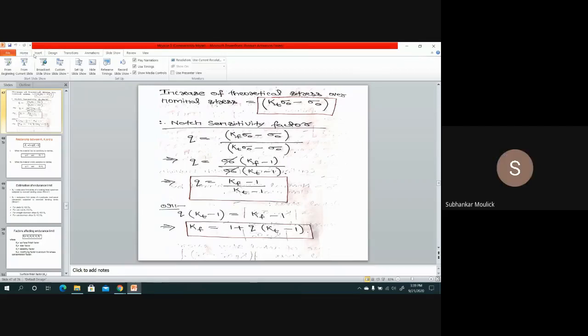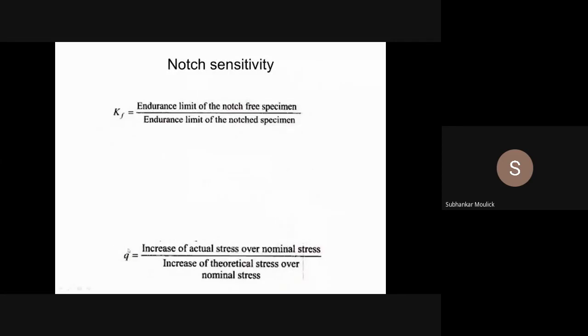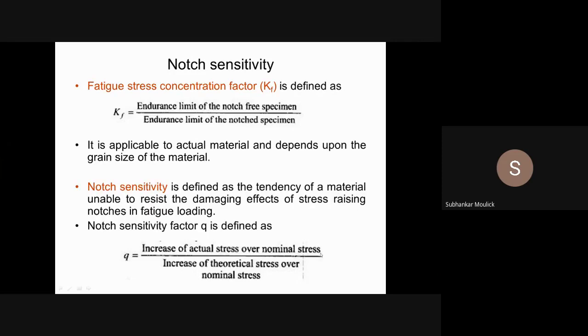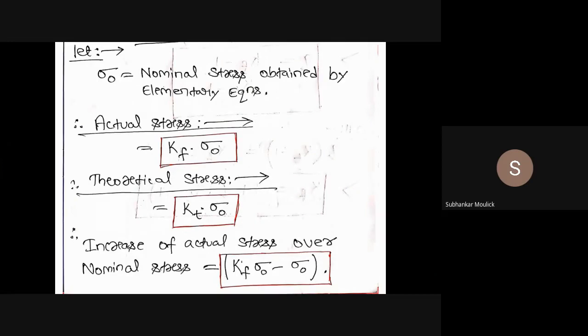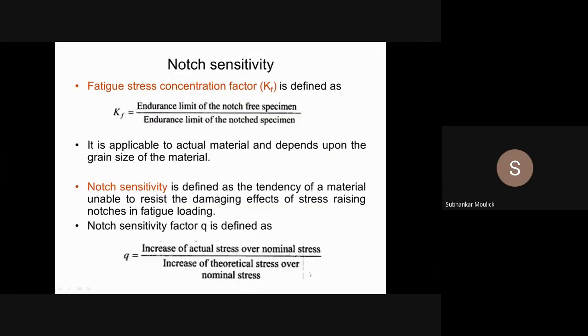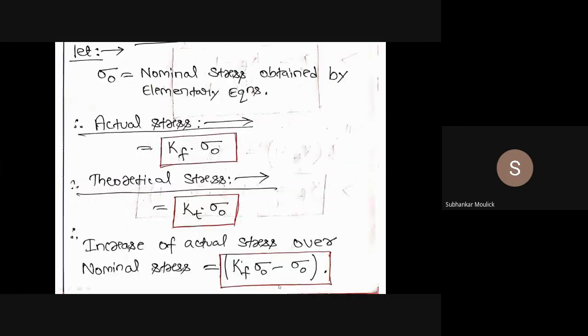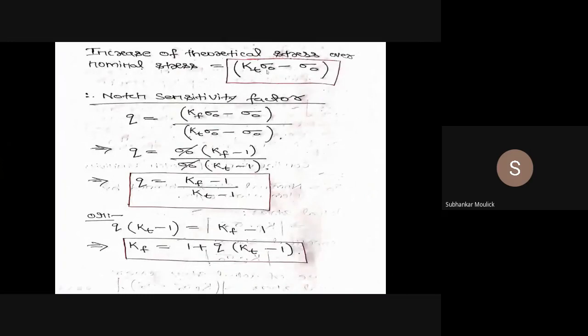Yes, sir. Okay. So now we can write that notch sensitivity factor Q is the increase of actual stress over nominal stress, which is Kf sigma naught minus sigma naught, divided by the increase of theoretical stress over nominal stress, which is Kt sigma naught minus sigma naught.